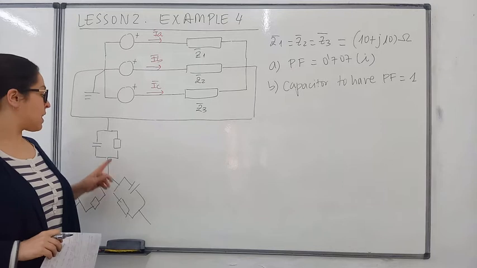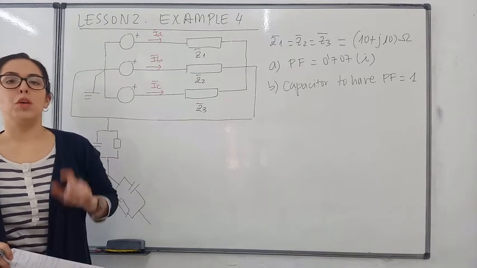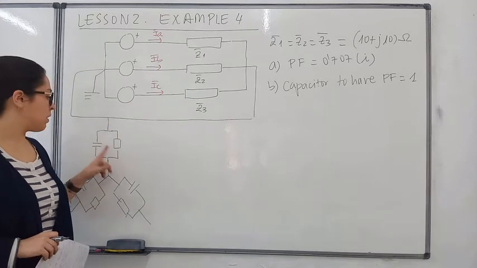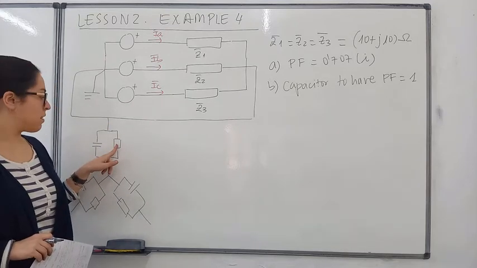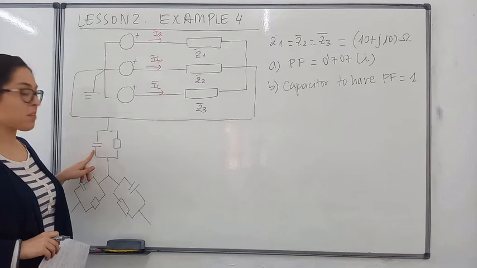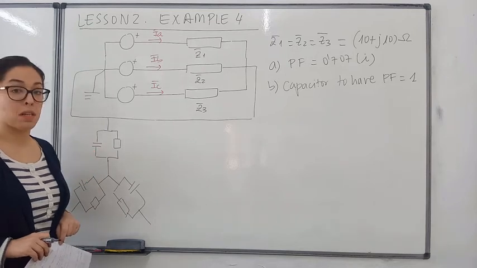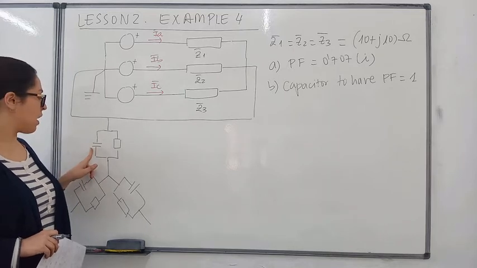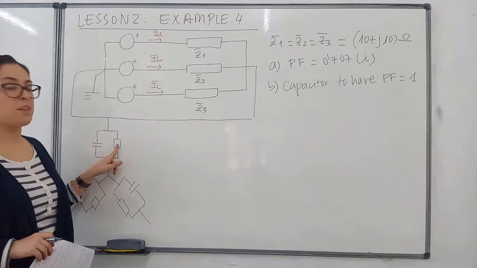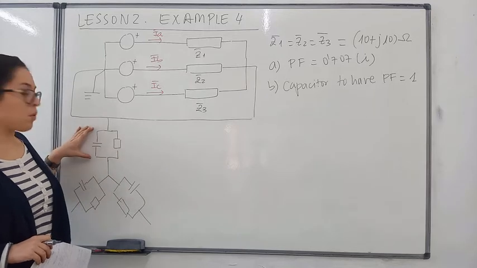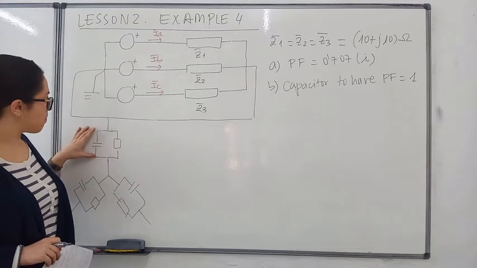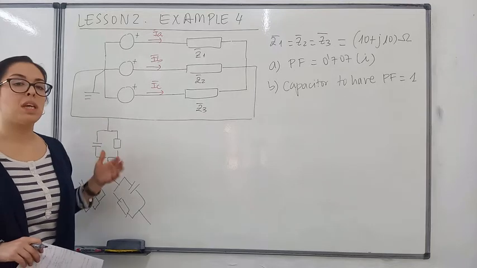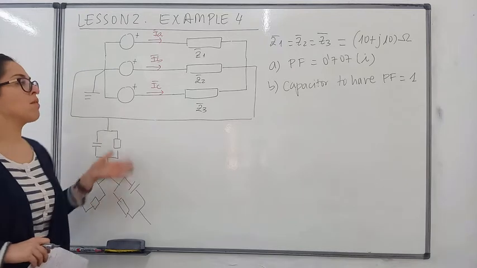If you have a look at the notes in lesson 2, you will find that to compensate the reactive power that a particular load needs, we have to install a capacitor in parallel with that particular load. So here the capacitor will generate the reactive power that the load is going to absorb, and then we are compensating the reactive power in our particular installation, okay? And we can improve our general power factor.